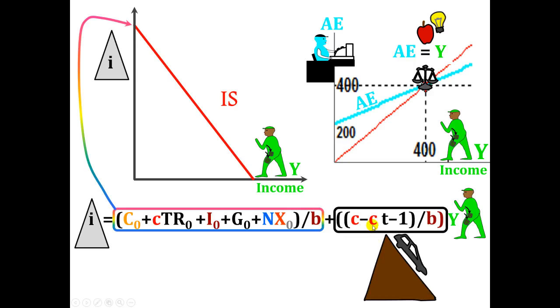So why is this slope negative? Normally this is done in most books by taking two different values of the interest rate, and we see that when the interest rate is lower, income is bigger, because the investment is greater when the interest rate is lower, and then income is higher.